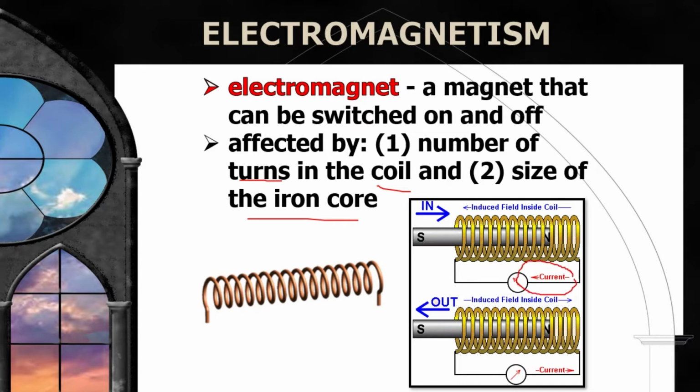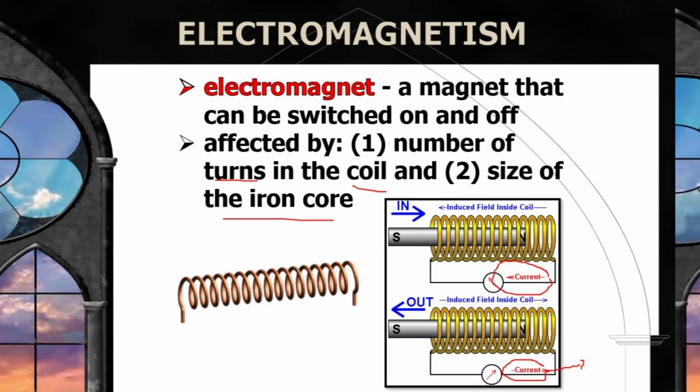While when you try to remove the magnet from the coil, the current movement will be going the other way. So we can say that the current here and the induced magnetic field that we have are in opposite directions.